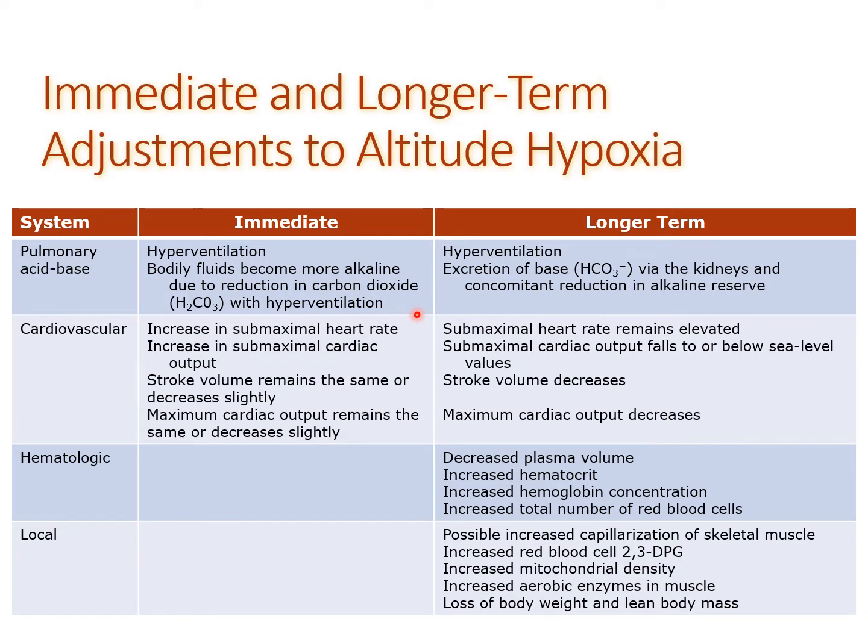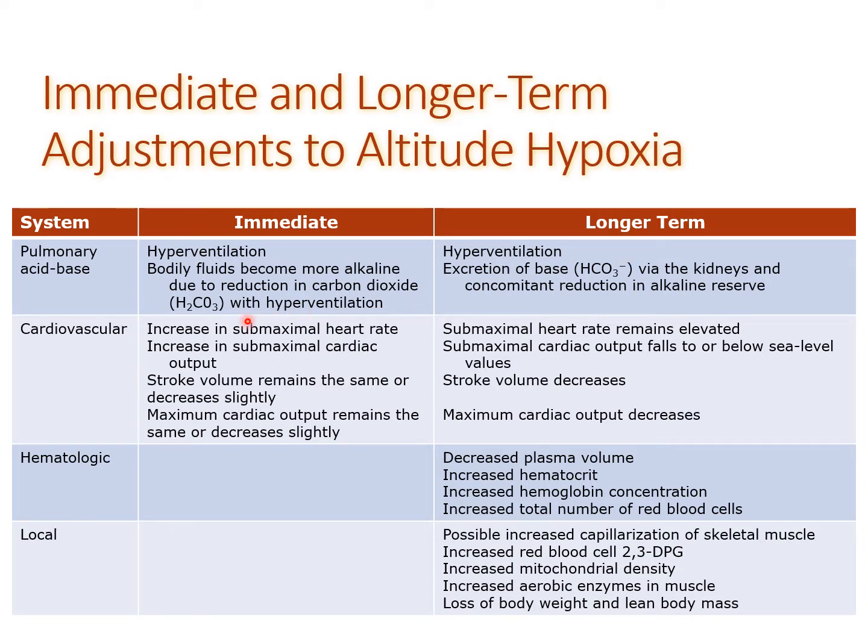When you hyperventilate, you end up with decreased amounts of carbon dioxide in your system. And carbon dioxide is slightly acidic, and it helps maintain that proper pH in your system. So when that changes, you get a more alkaline effect in your system. In the long term, you're still going to see this increased breathing rate, but your kidneys are going to make up for that alkaline increase, and they're going to excrete some of that base material out of your system.